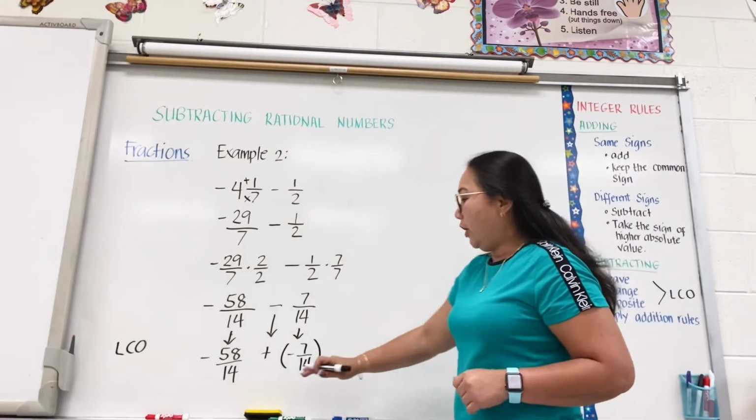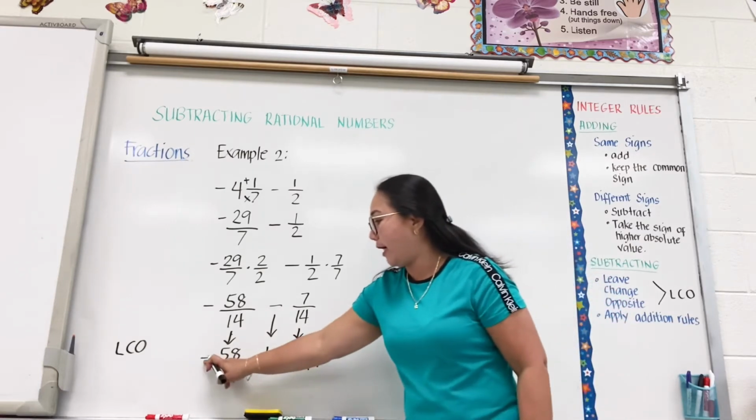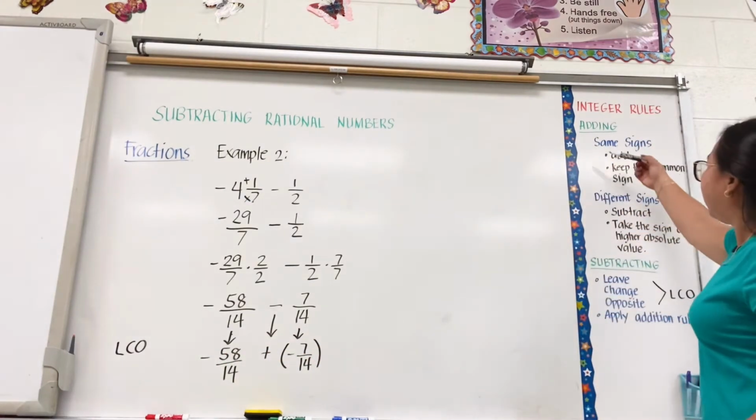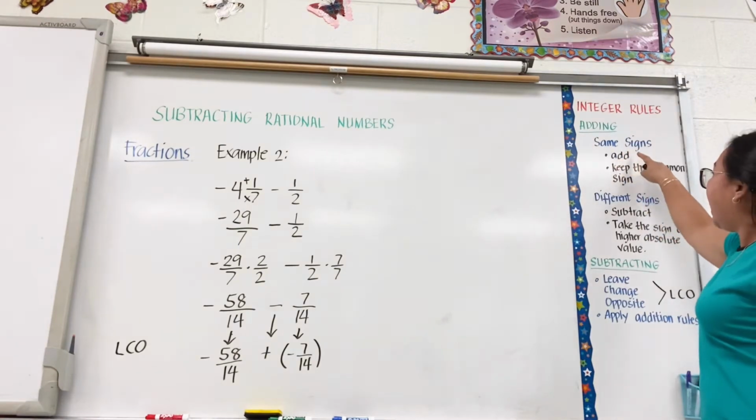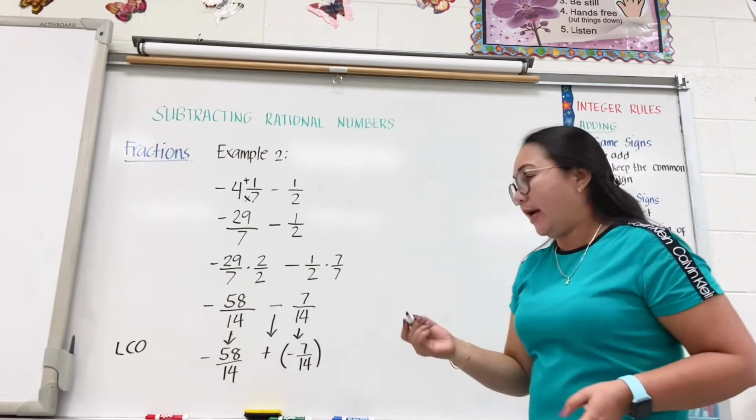So now you notice here that they are fractions of the same signs. So you will use this rule. Same signs you will add, and then keep the common sign of your final answer.